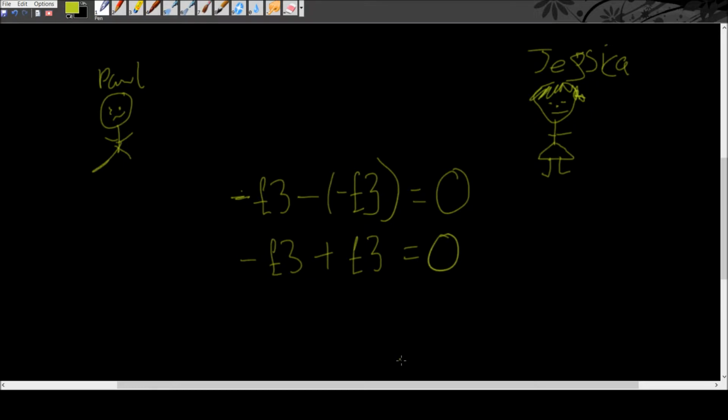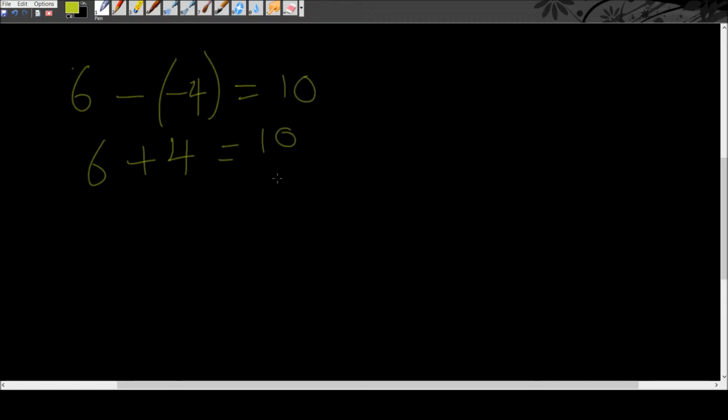So quickly, for example, let's say we've got 6 take away -4. This changes to 6 plus 4, which are both equal to 10.